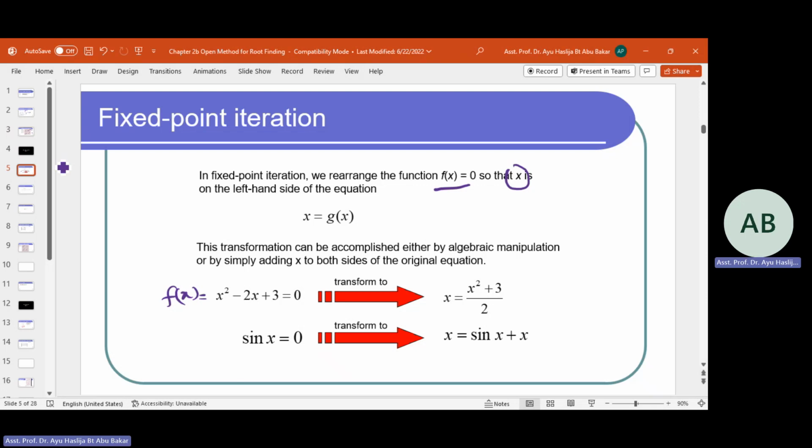But for fixed point iteration, in order for you to find the XR, you need to rearrange the equation so that x is on the left side. Okay, rearrange.